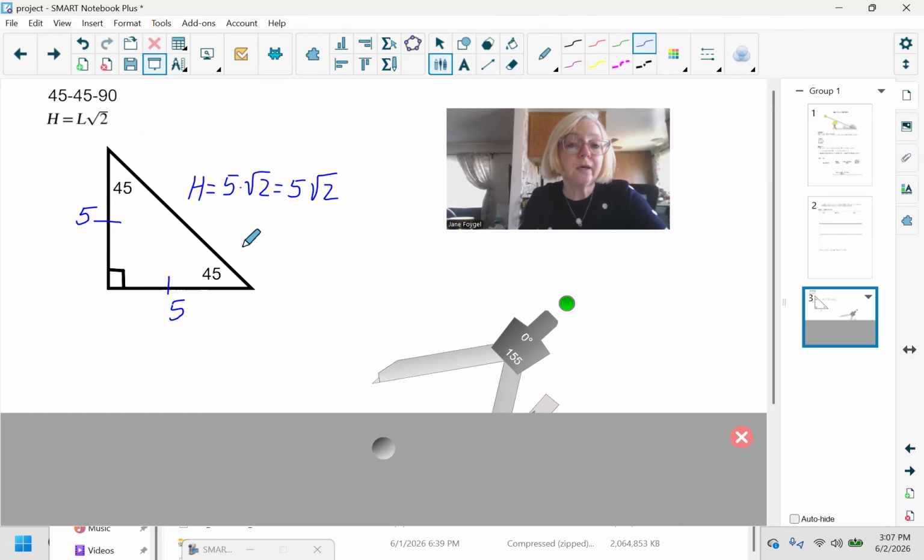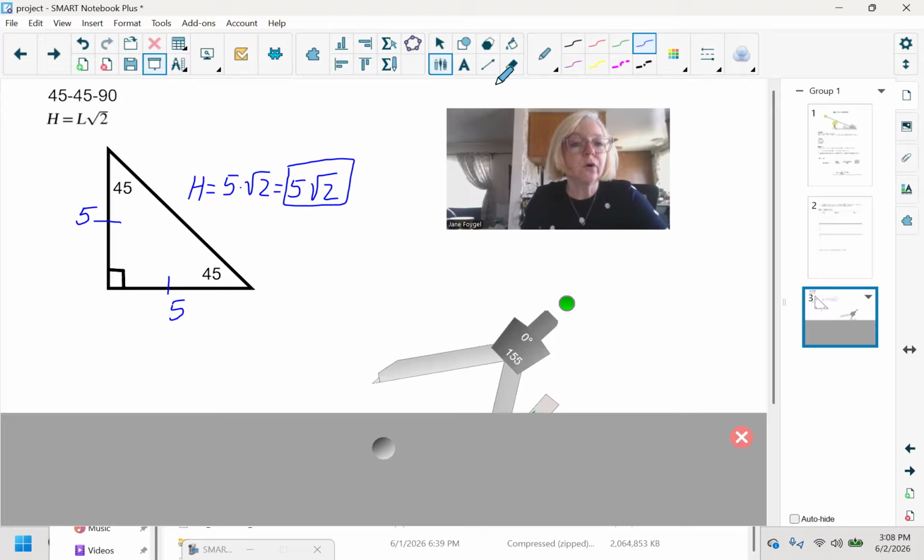If you want to see the approximation, you just take the calculator, type 5 times square root of 2, you will receive a number a little bit more than 7. But why would we do that if math likes exact answers? So this is the perfect answer for the hypotenuse.